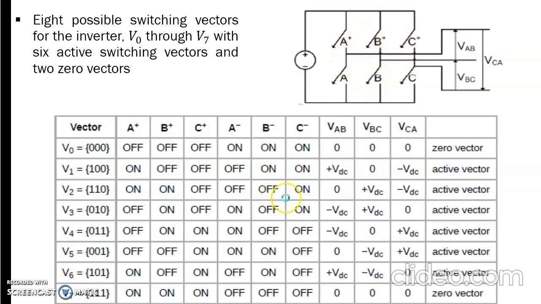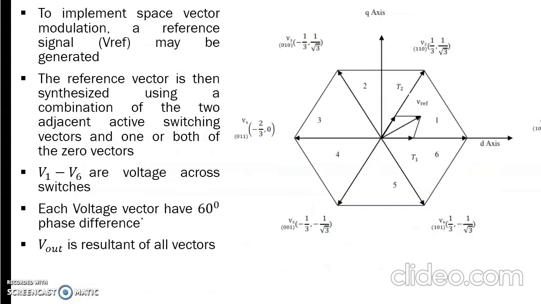Then depending upon the switching state, you can draw the switching vectors in the DQ plane, and at a particular time interval, this resultant is the resultant of these two active vectors. This segment 1, it is V1 and V6.